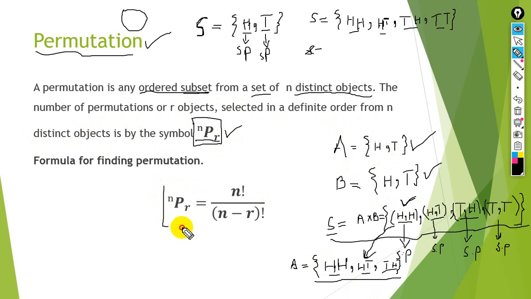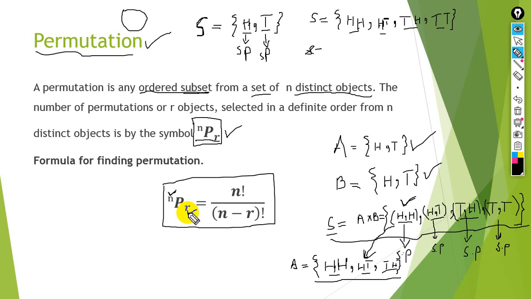So the formula for NPR is this one. Look at this: NPR is equal to n factorial divided by (n minus r) factorial. N means the total number of sample points, and r means the selected sample points.